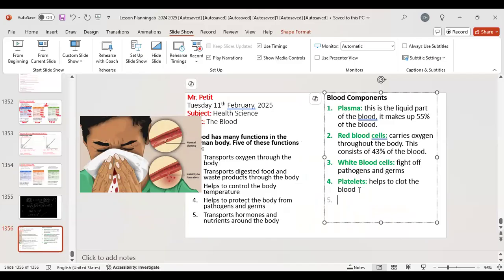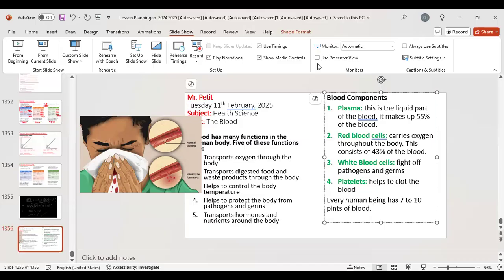Every human being has 7 to 10 pints of blood, and if you lose too much, you could die.